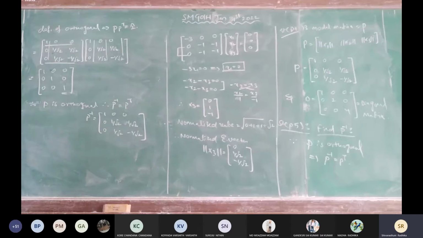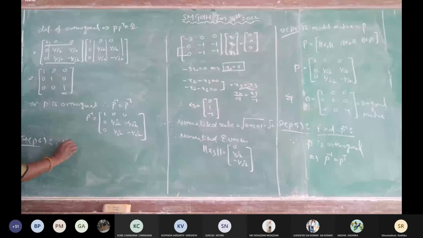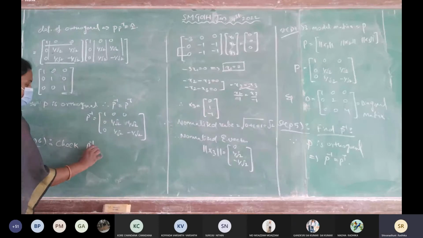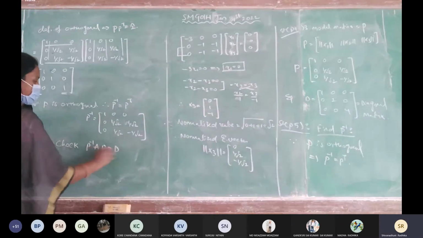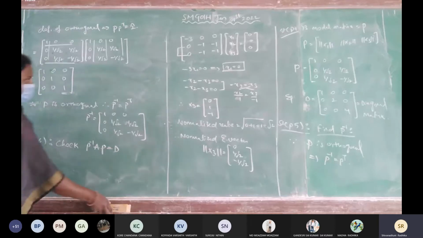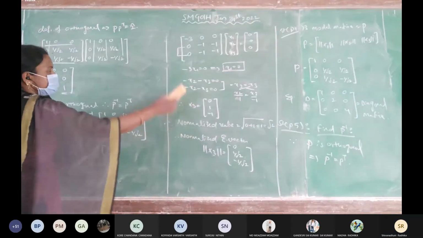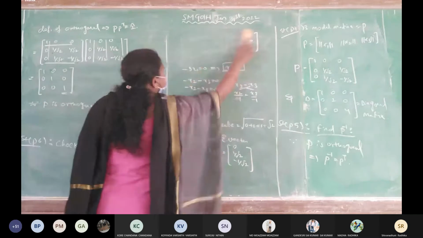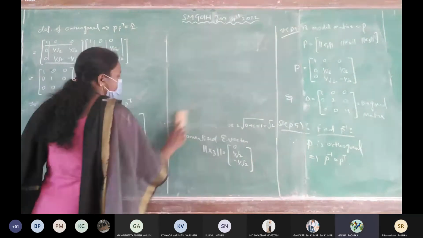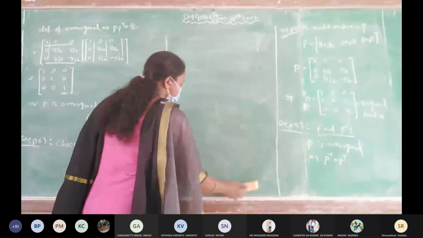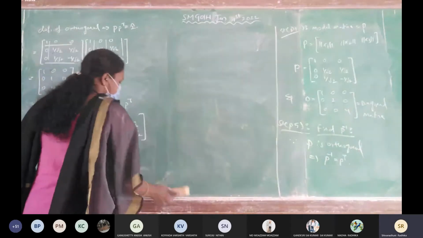That one completed. Next, then go for step 6. What is step 6? Step 6, checking the diagonalization. Check whether P inverse AP is capital D or not. Now we have to check it out here.